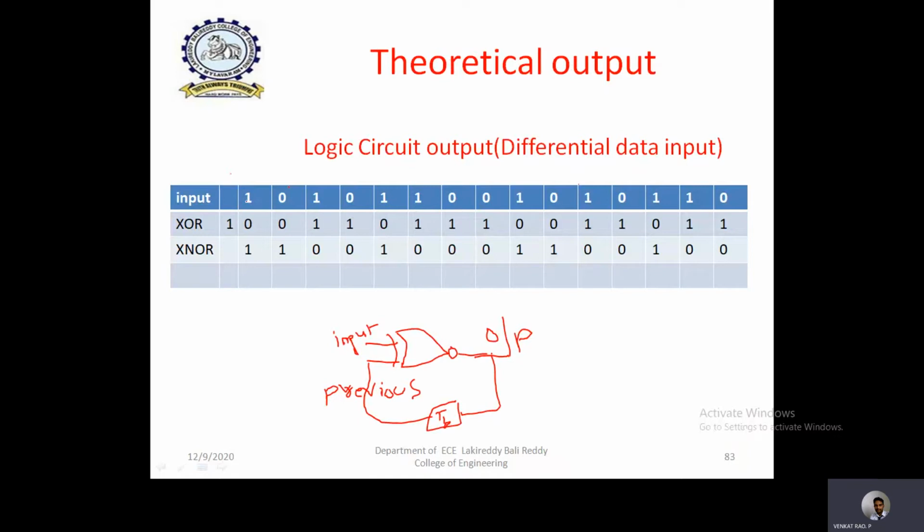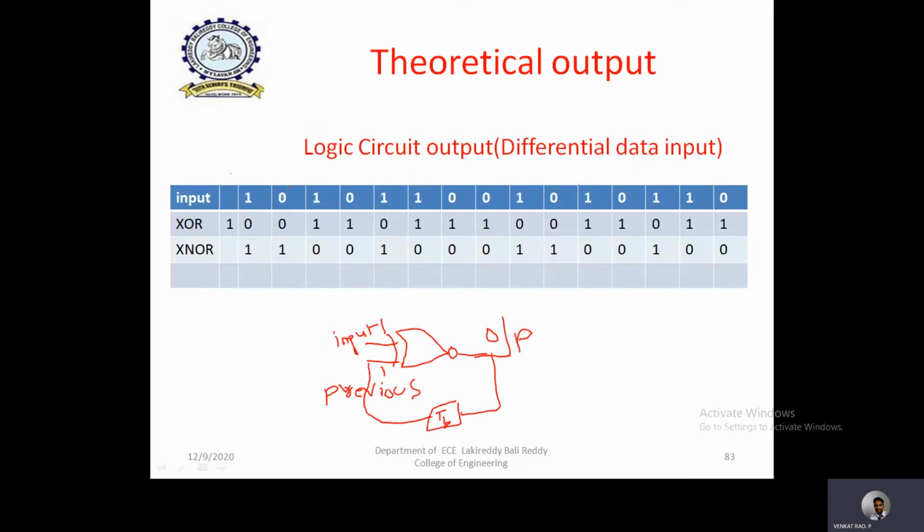So let us take the continuous sequence as the input, and assume the previous value is 1 and the present input is 1. If you make an XOR operation on 1 and 1, that will be 0 because the same inputs are coming. So the output is 0, and automatically XNOR will be 1, the reverse.